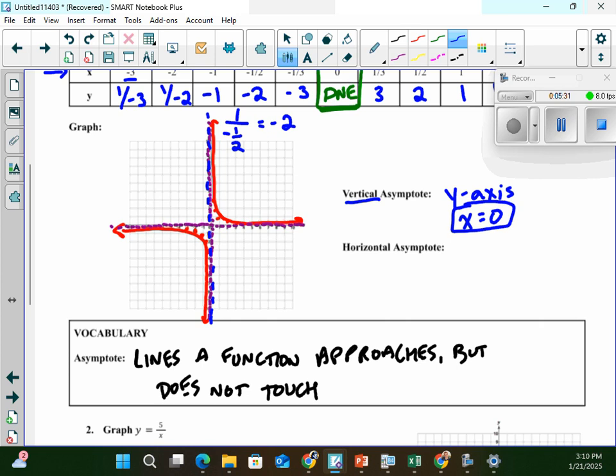This vertical dashed line in blue is the equation x equals 0. The horizontal asymptote is this x-axis, and that has the equation y equals 0. It's important to identify the asymptotes, both the horizontal and the vertical, because it'll allow us to graph these reciprocal functions.